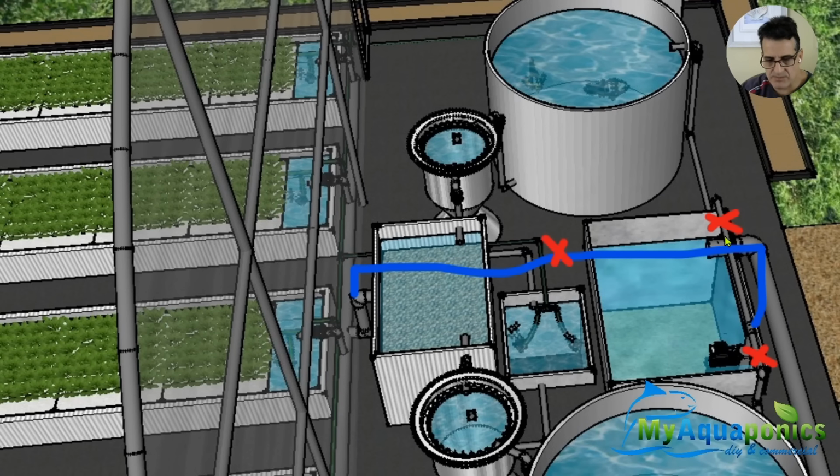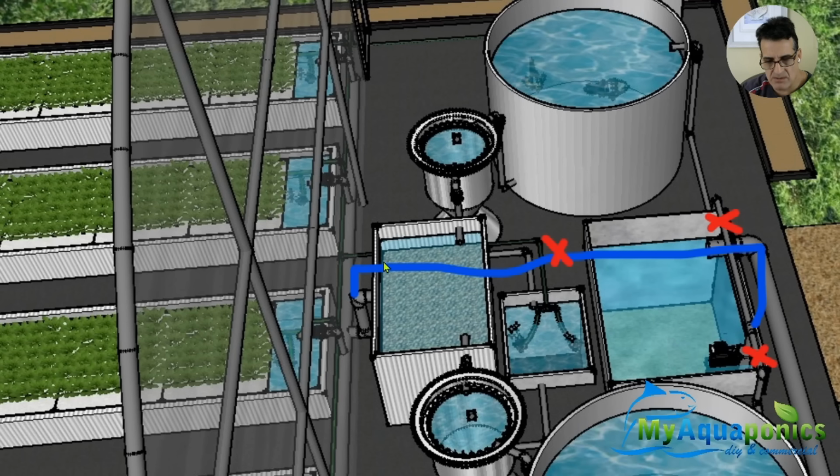So for example, if you wanted to bypass the fish tanks for some reason, in other words, you don't have fish, or you want to convert this into a hydroponic system, what you would do, you'd close these valves here so that the pump would pump up this pipe. You'd obviously open this valve here.